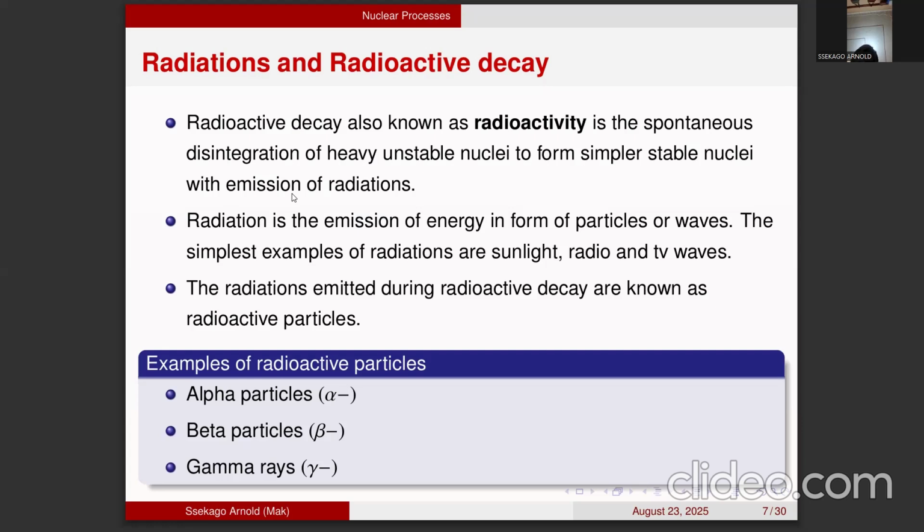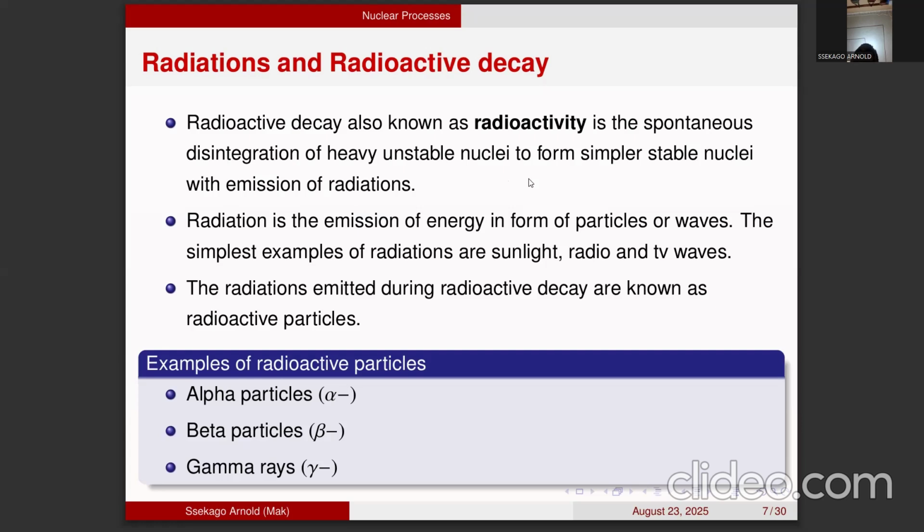They have to break down so that they achieve stability, forming simpler stable nuclei, and the process of breaking down is accompanied by emission of radiations.